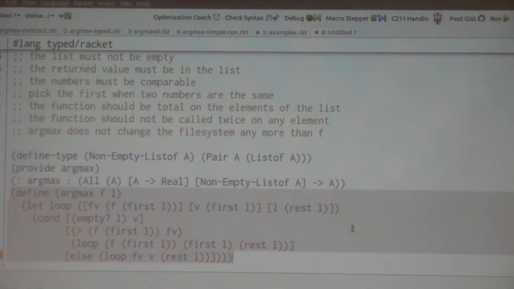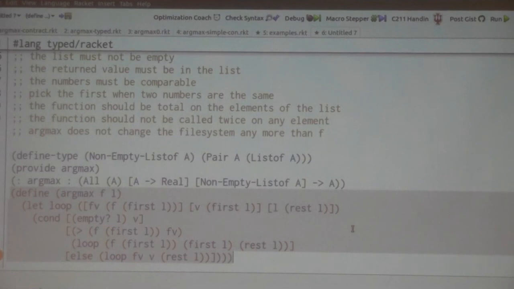So there's Argmax. And for those of you who are not Racketeers, we'll walk through what this code does. So the basic idea is that we're going to go through this list, which, remember, we know to be non-empty.